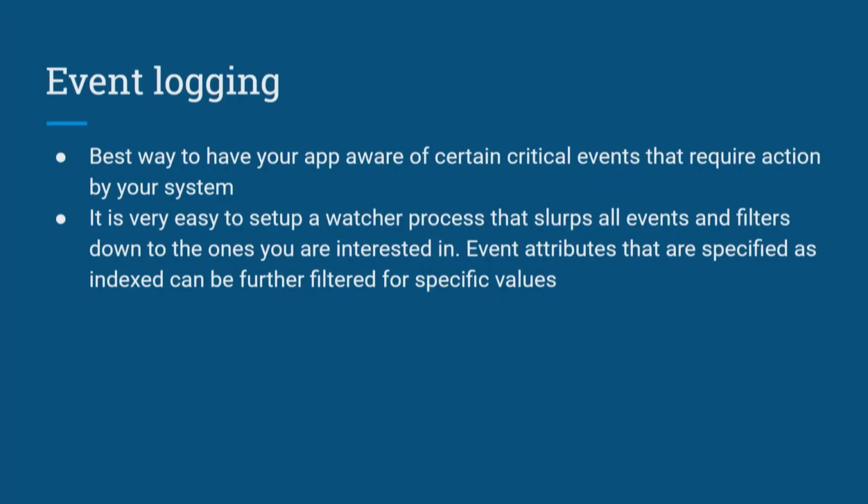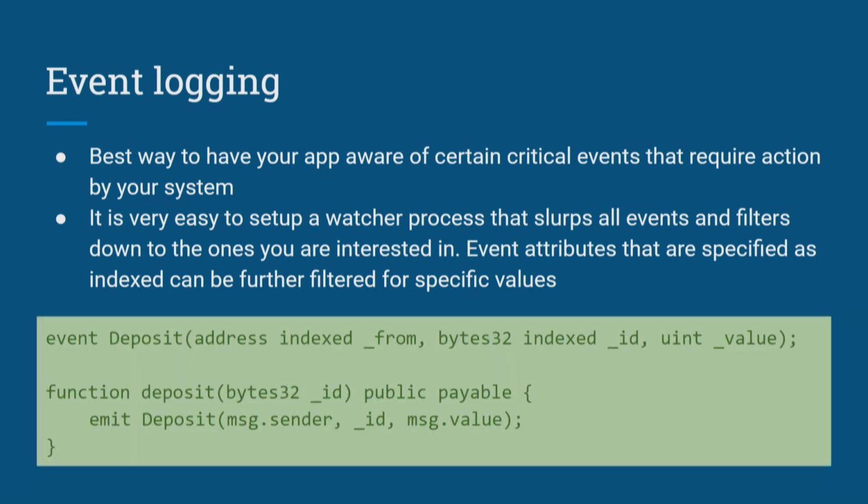So this event logging is a way to find out that things are happening. And there's a bunch of facilities in the built-in Ethereum tools to basically slurp up all the events that are happening and filter out to exactly the ones you want based on the name of the event and actually other attributes that you can add as indexed. They'll be efficiently available.